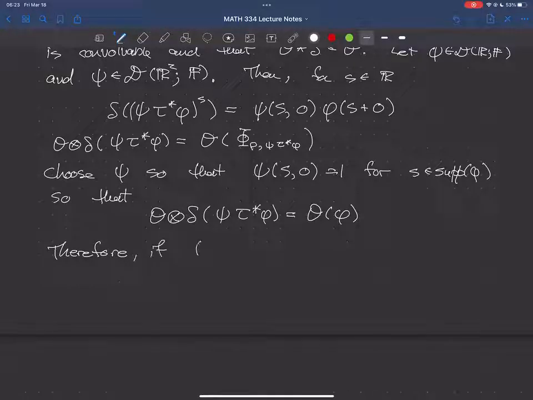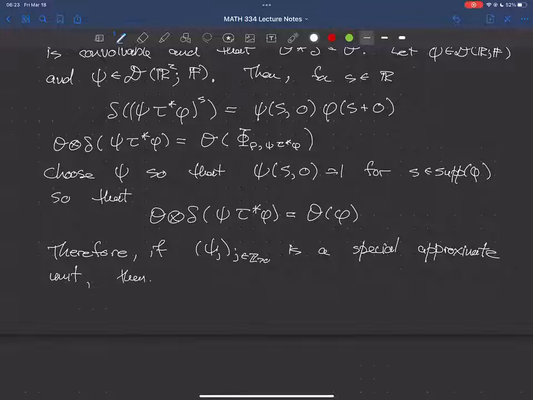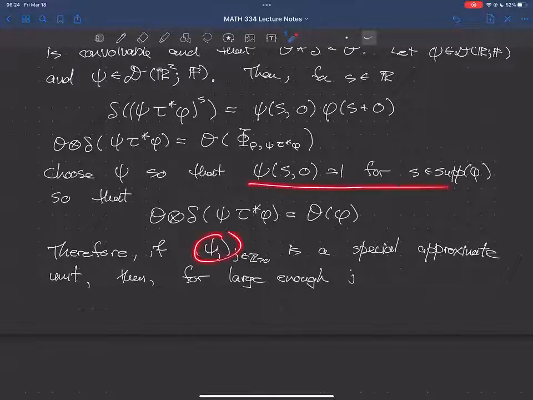if psi j is a special approximate unit, then for large enough j, and here I'm making use of this fact, for j large enough, psi j will have that property.